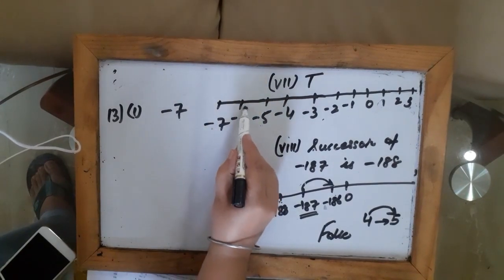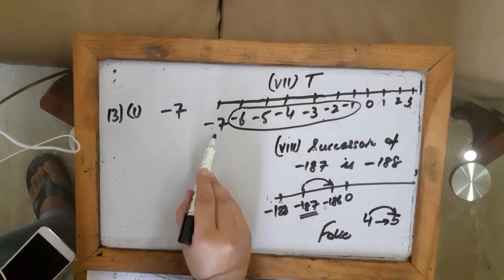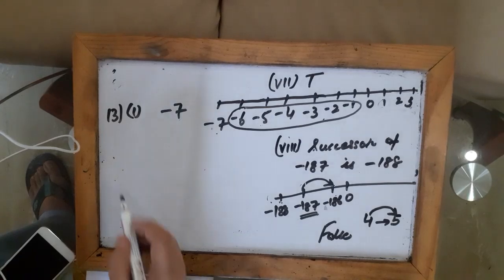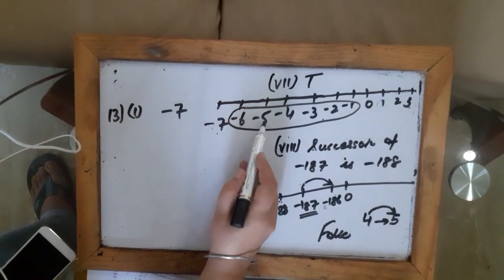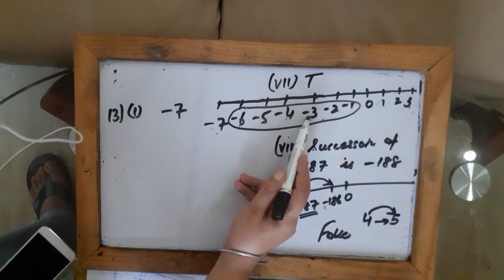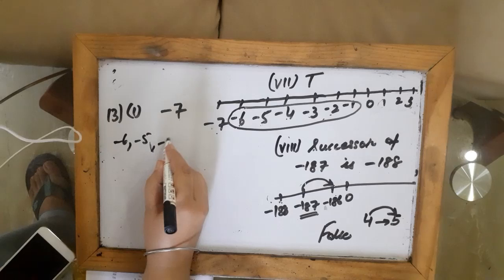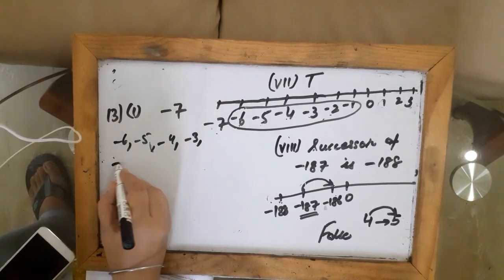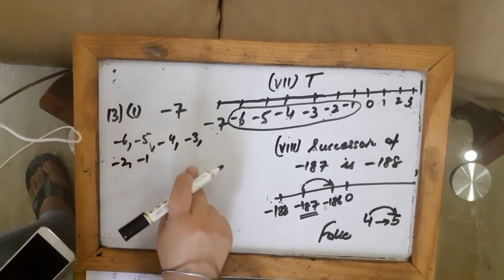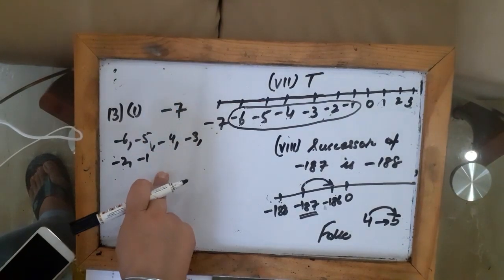So all these negative integers to the right of minus 7, they are greater than minus 7. So what my answer will be, they are asking 5 integers: 1, 2, 3, 4, 5. So minus 6, minus 5, minus 4, minus 3, minus 2, minus 1, all these are negative integers and they are greater than minus 7.